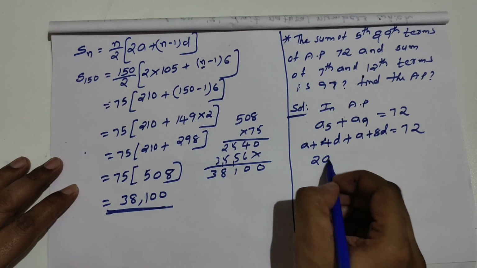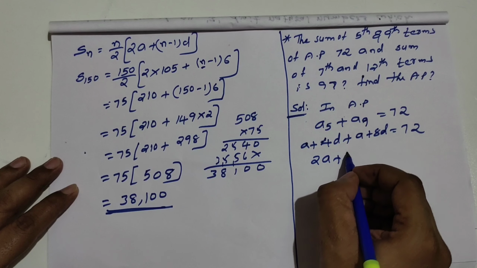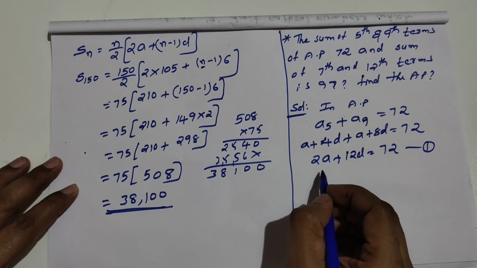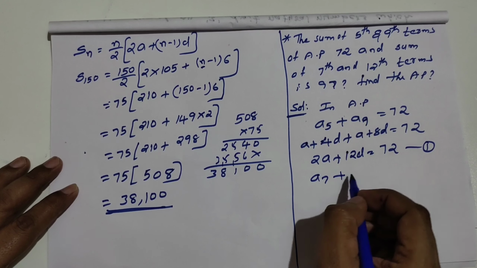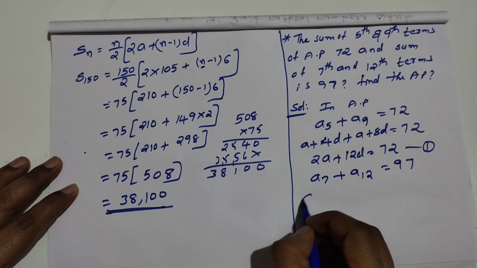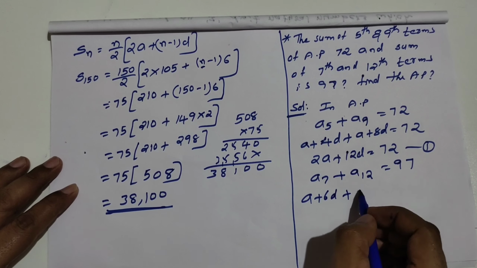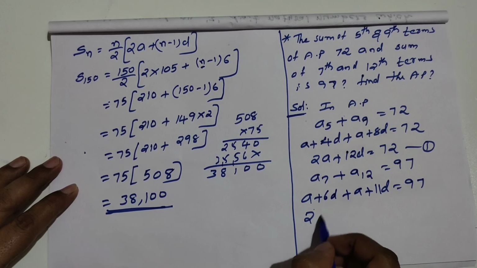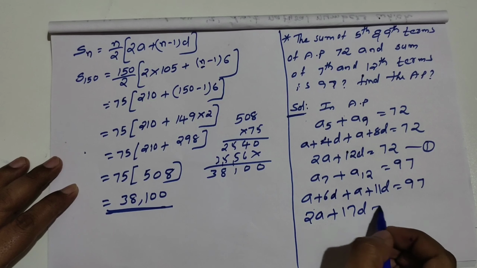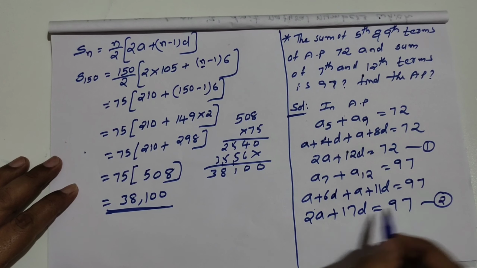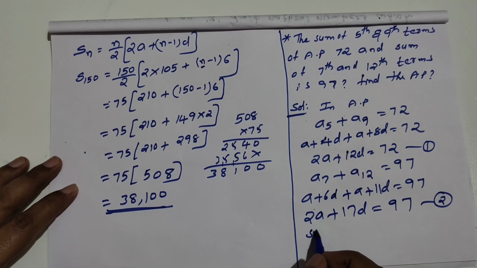Equation 1. The next one is A7 plus A12 is equal to 97. A7 is a plus 6d, A12 is a plus 11d, equal to 97. That is 2a plus 17d is equal to 97. Equation 2. Now solve 1 and 2.